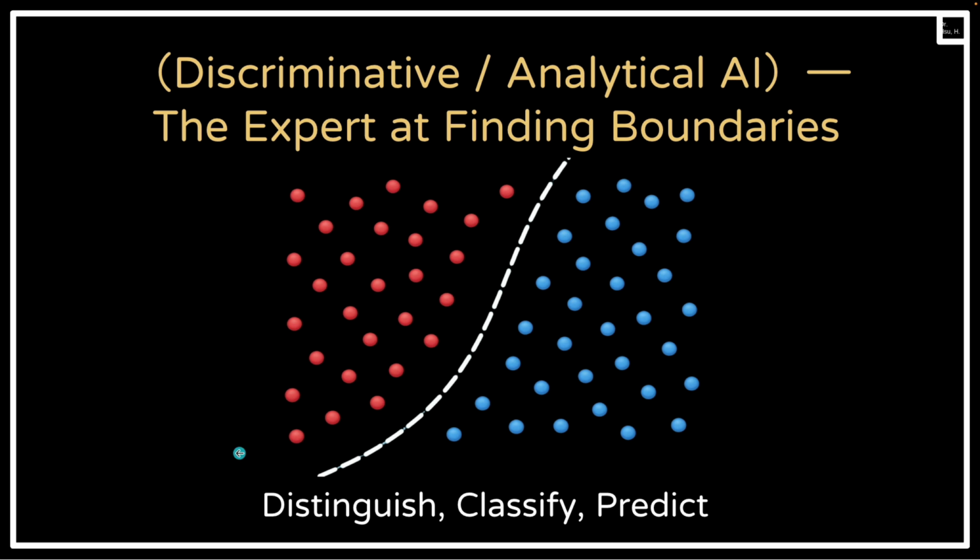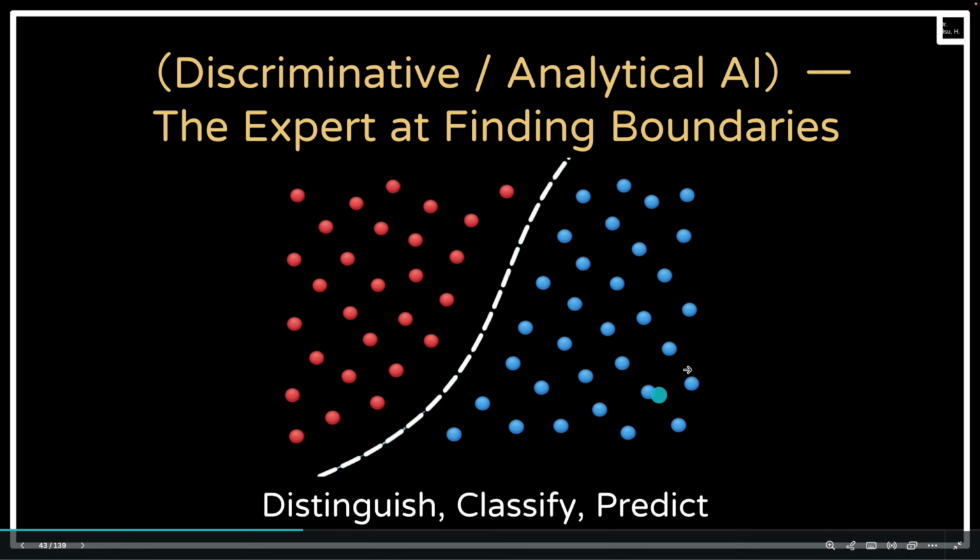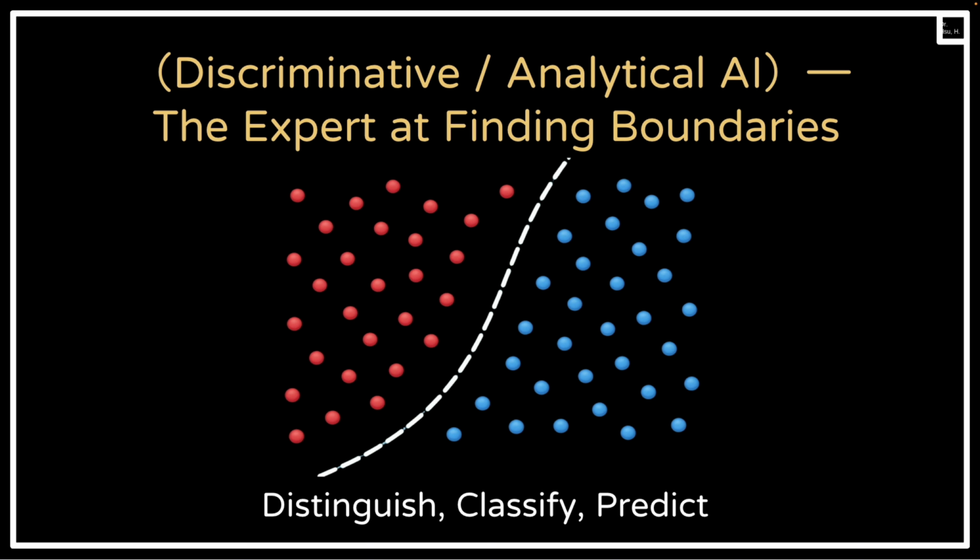That image captures the essence of discriminative or analytical AI almost perfectly. This type of AI learns how to distinguish categories, classify inputs, and predict likely outcomes. It does not create new examples of the words. Instead, it learns where the boundaries are.